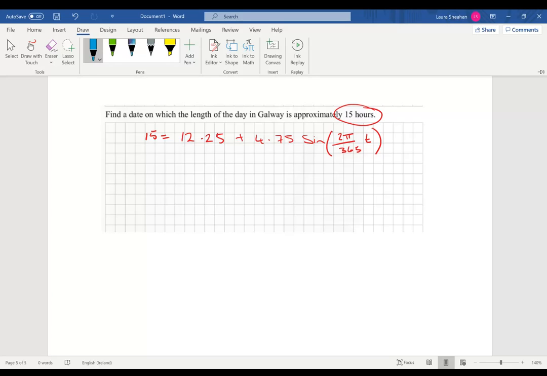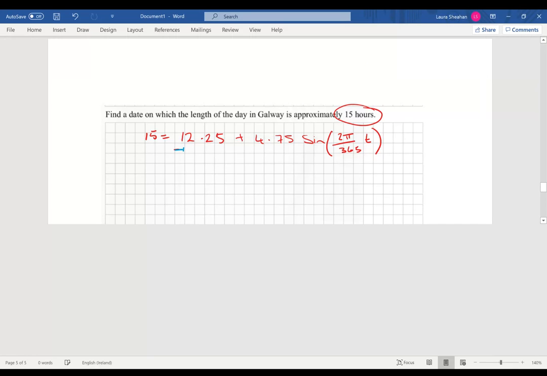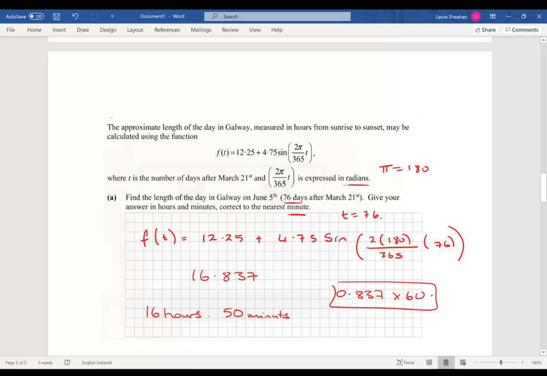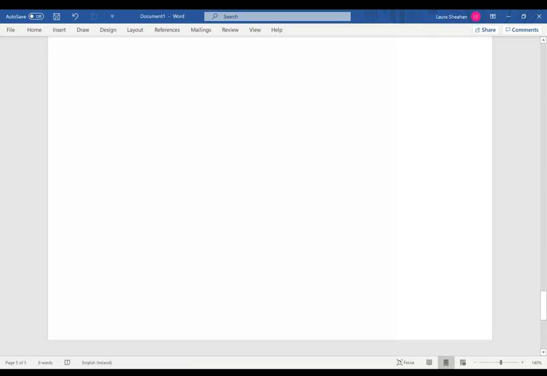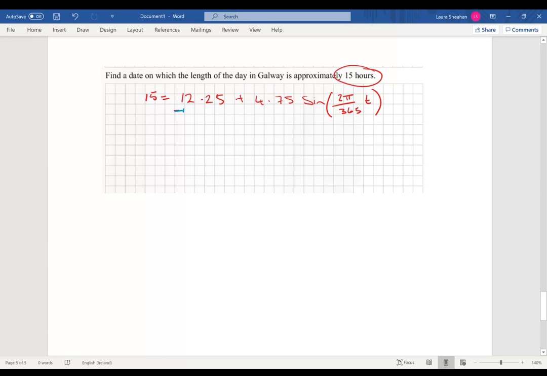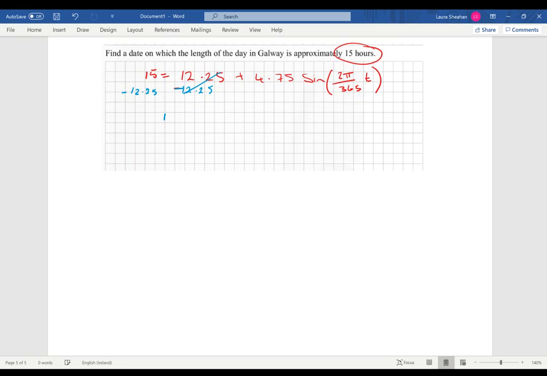First thing I'm going to do is subtract 12.25 from both sides. So I've got 15 minus 12.25, so I have 11 over 4, or 2.75, is equal to 4.75 sine 2 pi over 365 t.